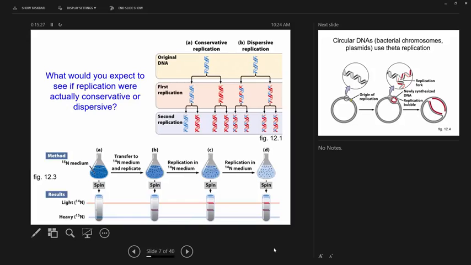In subsequent generations, it would eventually all be light DNA, because the heavy DNA would be diluted out to the point where there wouldn't be any there for you to see. But would you ever see a band in the middle? No. Every generation the light band would get darker and the heavy band would get lighter until it's all light band and no heavy band. Question?